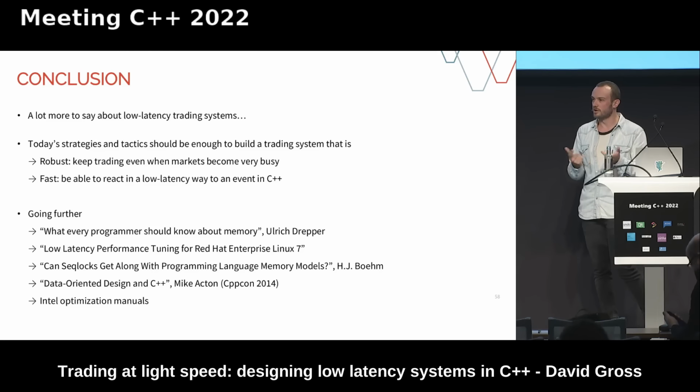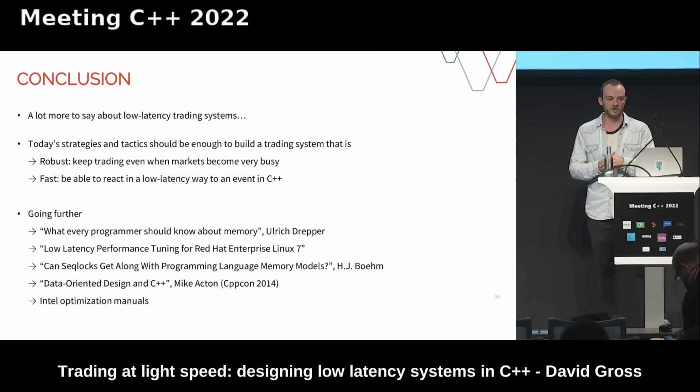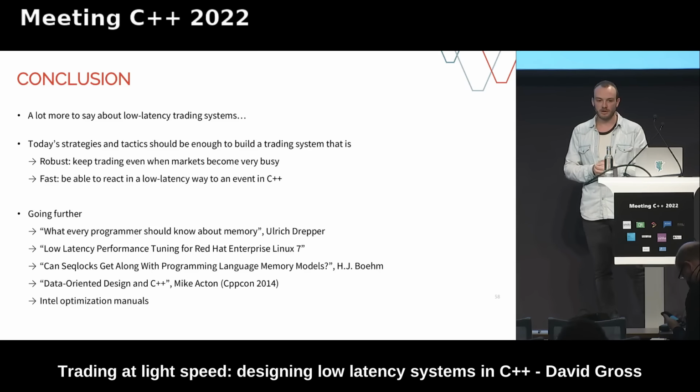Back to this latency and why you need it. A few references, if you want to go further in these topics. I always put as the first reference this famous paper from Ulrich Drepper, previous maintainer of glibc, because when it comes to the data model, it is the reference, relatively old now, but still very much up to date.